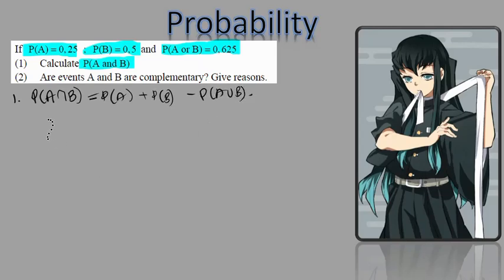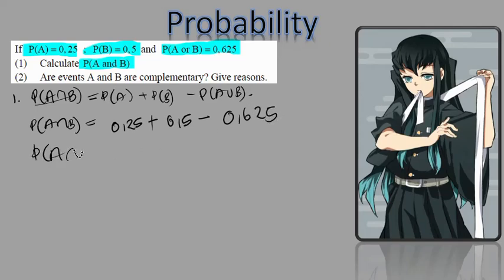For me to get this intersection now, I'm going to say intersection is equal to, what is probability of A? 0.25. What is probability of B? 0.5 minus, what is the union? 0.625. If I use my calculator, where's the calculator?